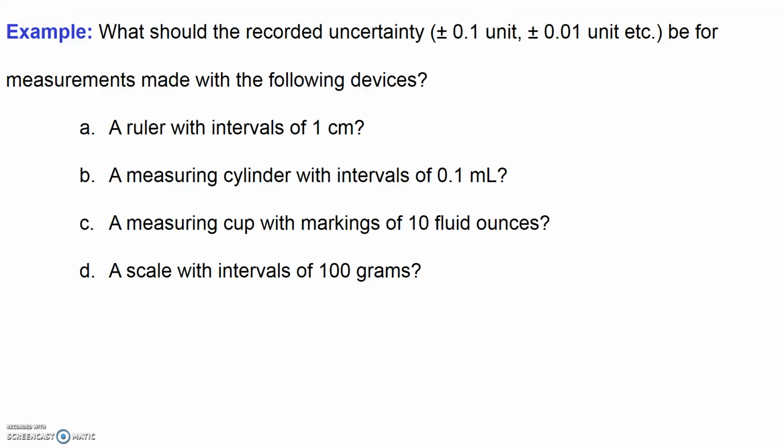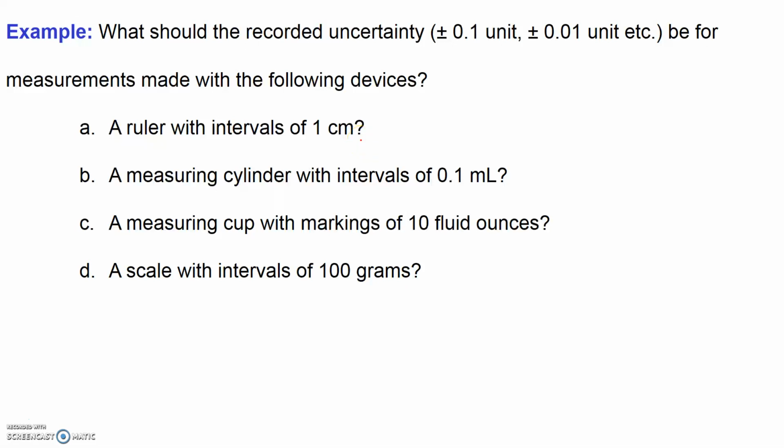So here's a little example problem. What should the recorded uncertainty be, plus or minus 0.1 of the unit, plus or minus 0.01 of the unit, etc., for the following measurements made with the following devices? Our rule here is that we need to go one unit smaller than the smallest increment on the scale. So here we have a ruler with intervals of 0.1 centimeter.